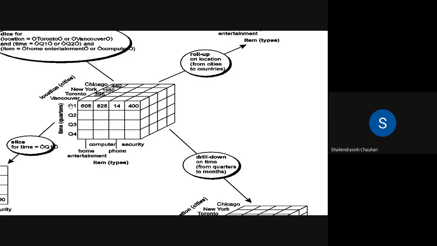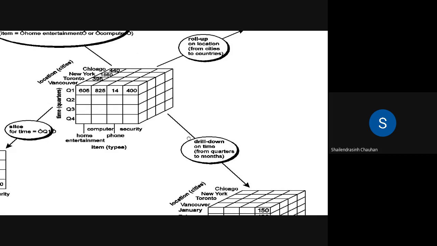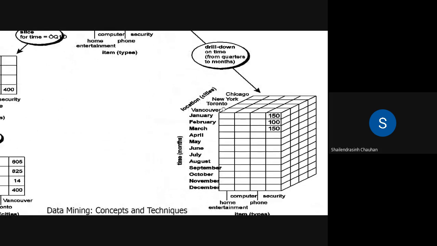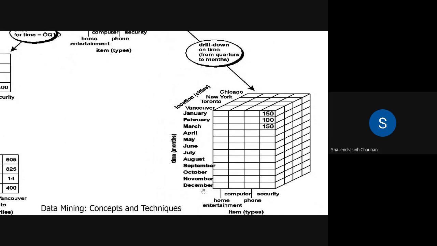Quarter 1 will have January, February, March, quarter 2 April, May, June, then July, August, September, and October, November, December in quarter 4. The rest of the dimensions will remain the same. This is time, and now it is in months.